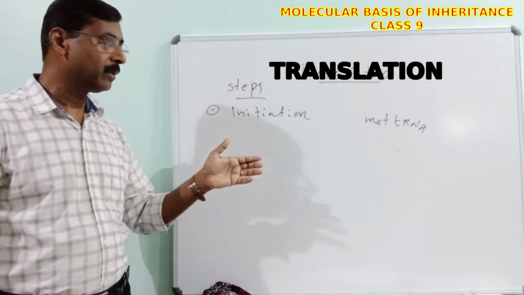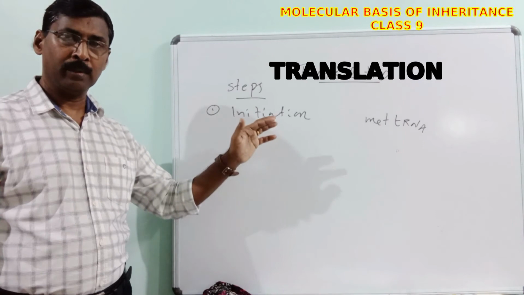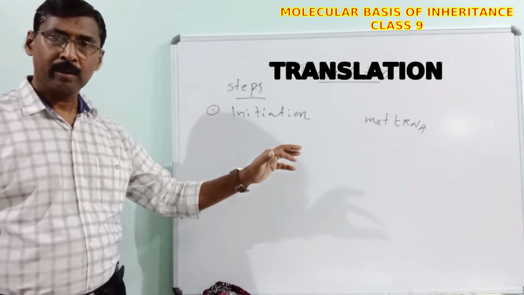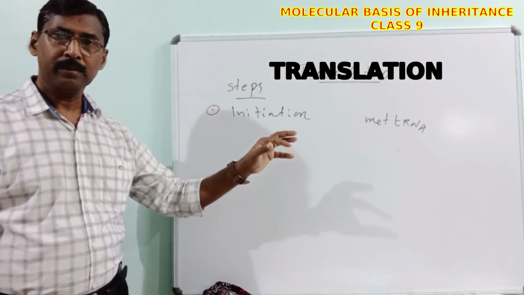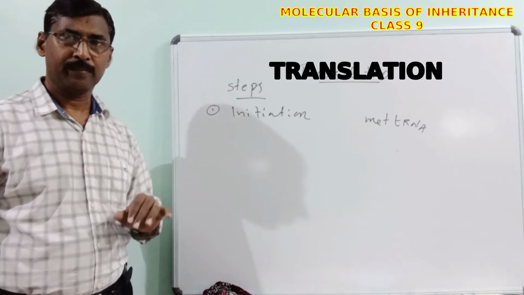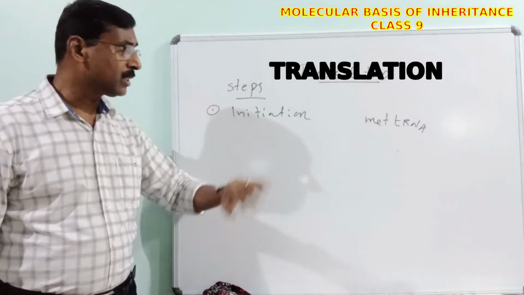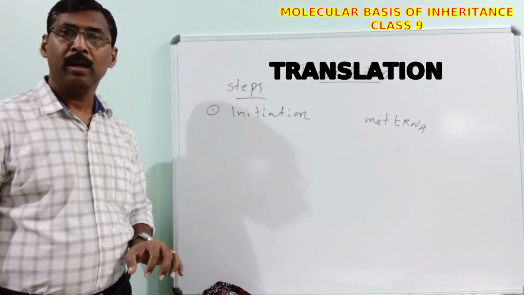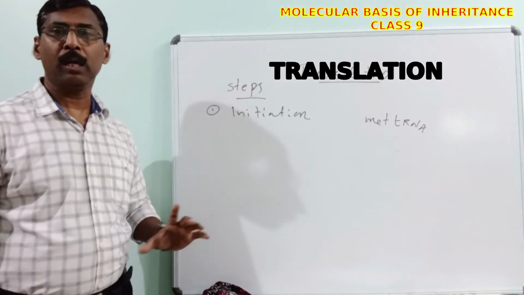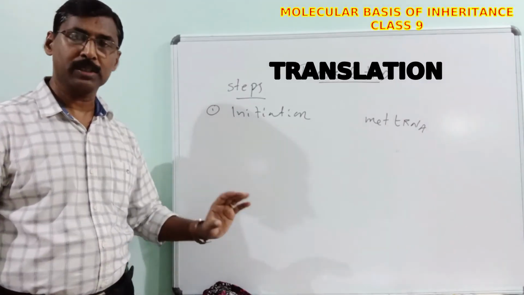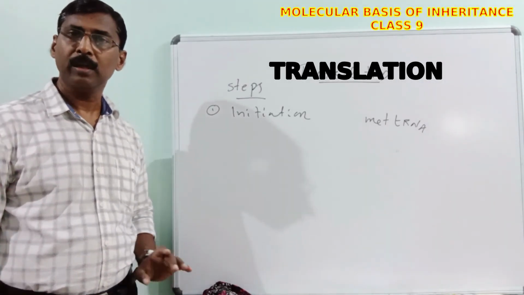So complementary to that, the transfer RNA with anticodon UAC combines with the methionine, transports the amino acid, and comes to the site of protein synthesis, or translation.